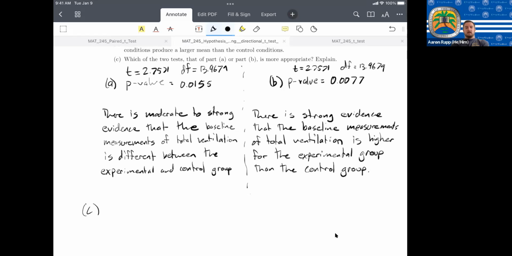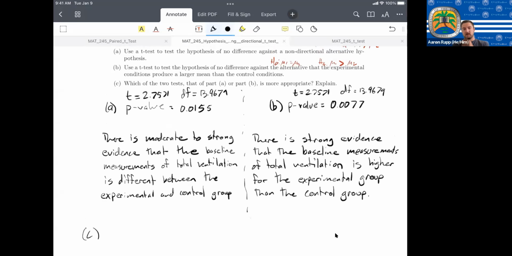So once you have that written down, next question I have for you is, which is more appropriate? The non-directional alternative hypothesis or the directional alternative hypothesis?